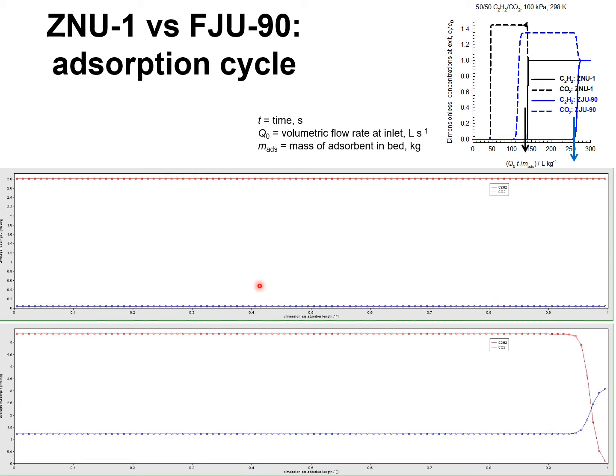So when both components are desorbed, the composition of the desorbed gas phase will be in this proportion for ZNU1.